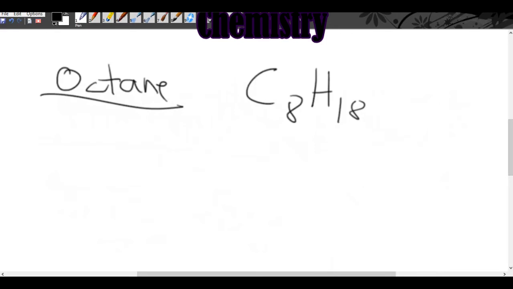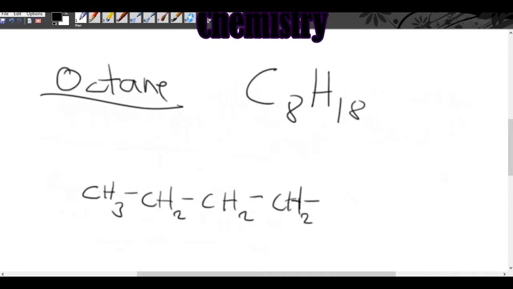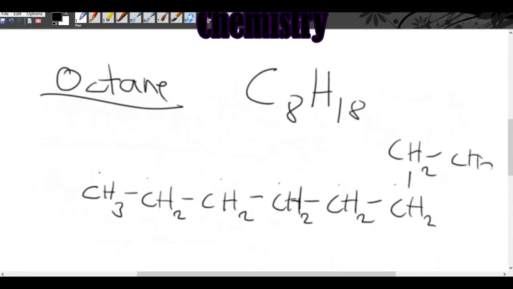So it kind of looks like this. 3, 4, 5, 6. Now, this has 8 carbons and 18 hydrogens, and it is called octane.